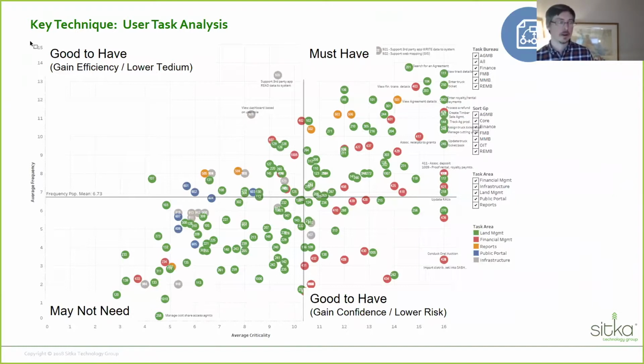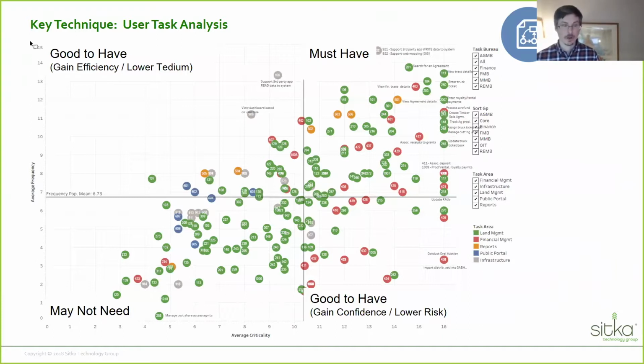The quadrant here in the northwest, good to have. That's stuff that happens frequently but isn't very critical. That allows you to gain efficiency in your work and lowers tedium. So you may consider biting off some of these in your plan. Down here in the southeast are good to have kinds of tasks as well.